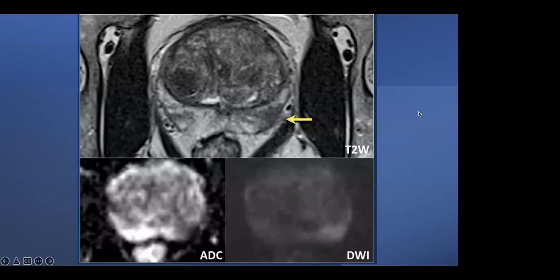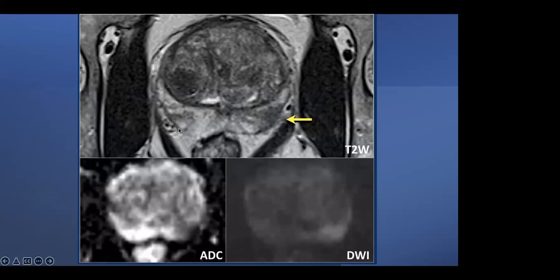And if we carefully look at the capsule that Dr. Hamad very well explained while explaining the anatomy, on the right side of the top image, you can see a black line. If we see the area where the lesion is, can you just show this black line, which is at the bottom outside the peripheral zone?